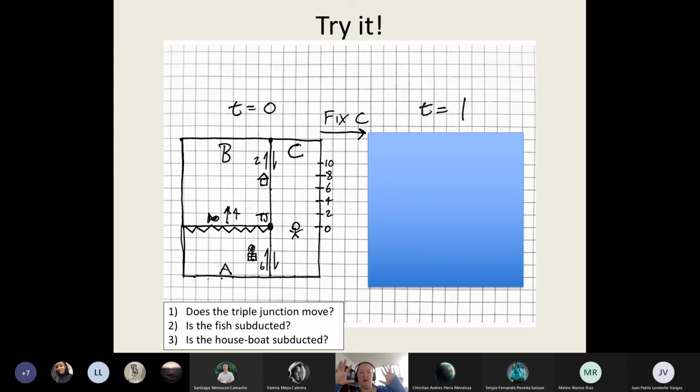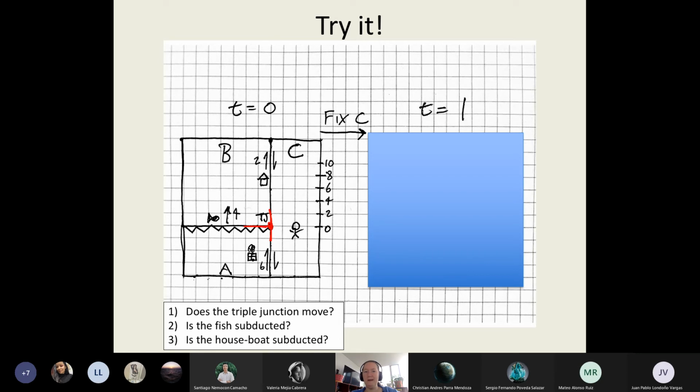I have to find the velocity of the plates with respect to whichever one I want to fix, and the velocity of the borders. What is the definition of a triple junction? The intersection between three plates. So this triple junction has to be consistent with the velocity of this border, and this border. If it has no consistent definition, it means it's going to separate and turn into something else.